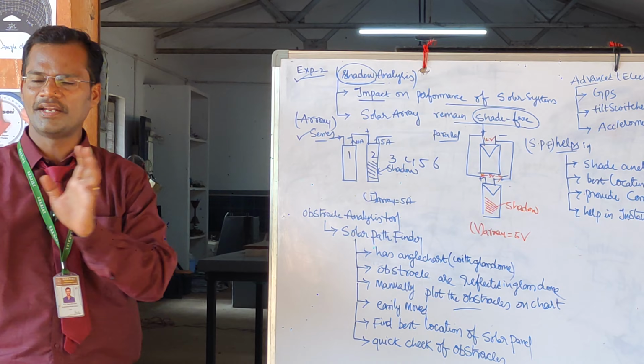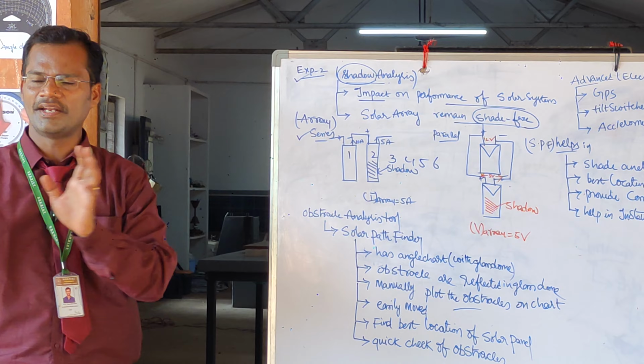Okay, so we are going to perform the shadow analysis to understand the impact on the performance of solar panels or the solar PV system, and this shadow analysis will be useful for the solar array to remain in a shadow free area. So if you take one location, you have some square feet area given to you, but in this area we want to install only 1/4 of that area.